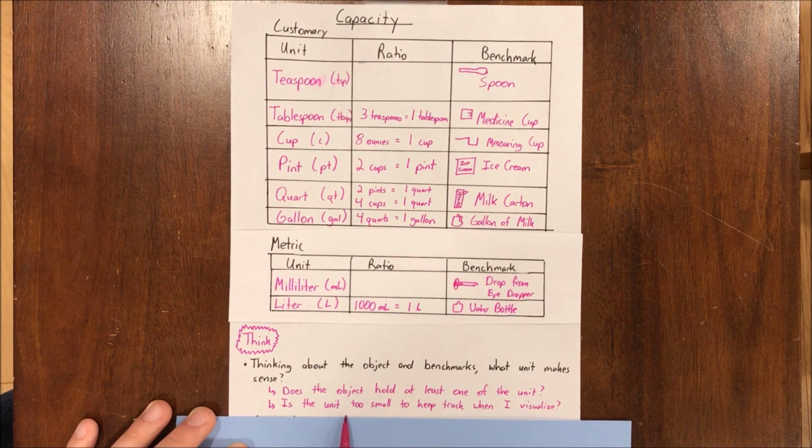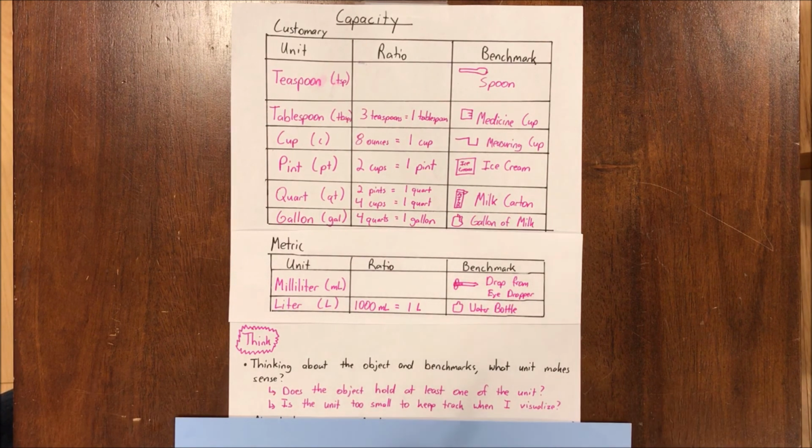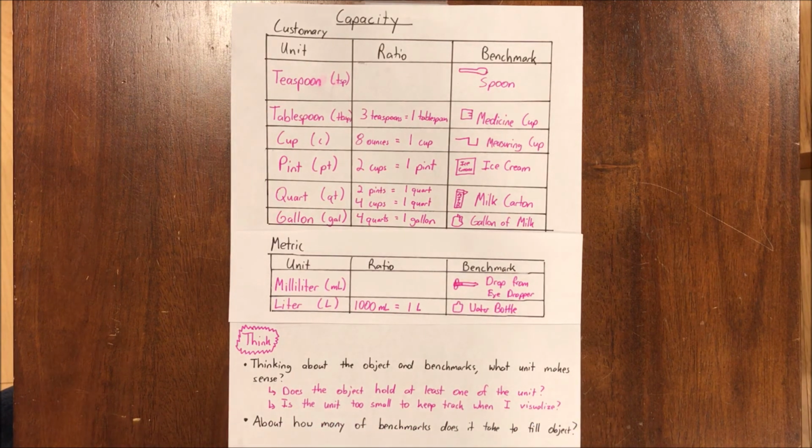And is the unit too small to keep track when I visualize? And once you've picked your unit, how do you actually make the estimate? Say it out loud. Yeah, we're measuring capacity, so we'll think about how many of the benchmarks it takes to fill up the object. Awesome.